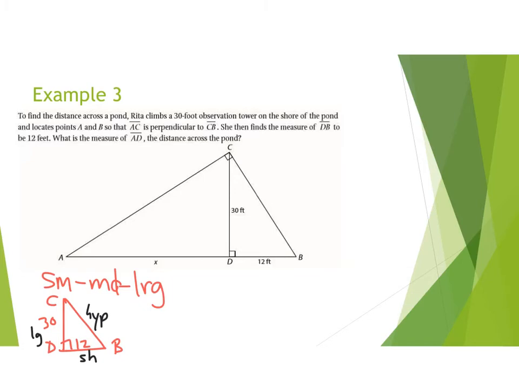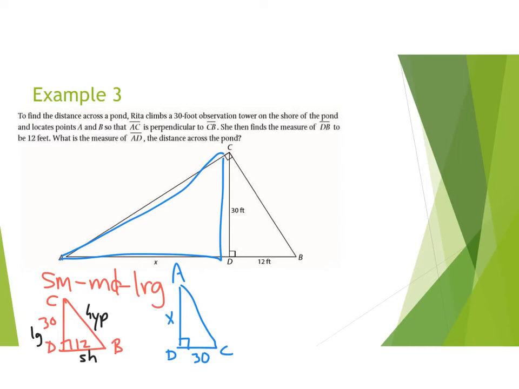The medium triangle, if I stand this one up on its side so that it's turned the same way as the way I drew my small one, this would be D, C, and A. There's the 30 feet and X. Hypotenuse, short, and long.